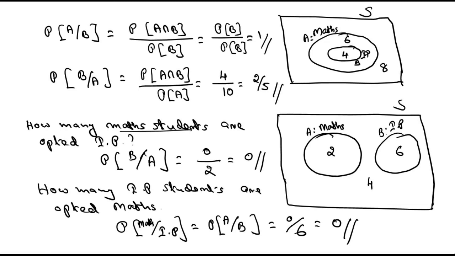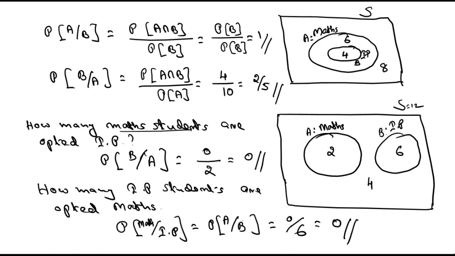Now you can see very clearly that probability of A given B means your sample space is decreasing to B. B is IP here, so this is given. The total sample space is 6 plus 4, 10, plus 2, 12.